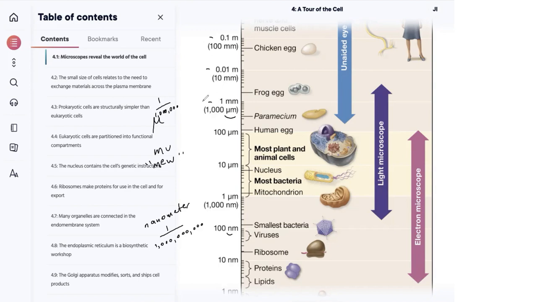My lesson here is that cells are really, really small. And how small are they? Well, it depends on what you're talking about, because we've got two different kinds of cells. Bacteria, prokaryotic, we mentioned that early on, are much smaller compared to animal and plant cells, which are eukaryotic.